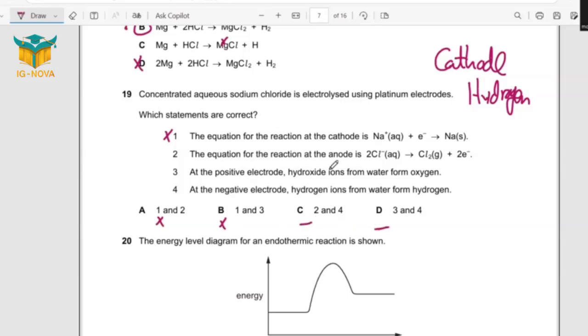The equation for the reaction at the anode is this one. I accept. So option C. Three is wrong. At the positive electrode, which is the anode, hydroxide ion cannot form oxygen because we have concentrated halide. In case of concentrated halide, the halogen will evolve.